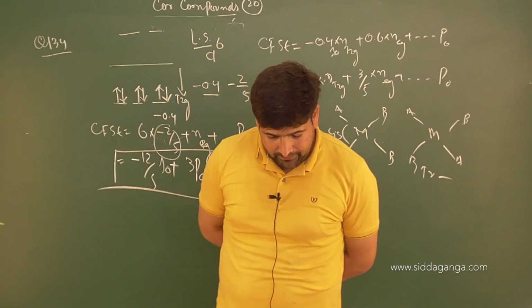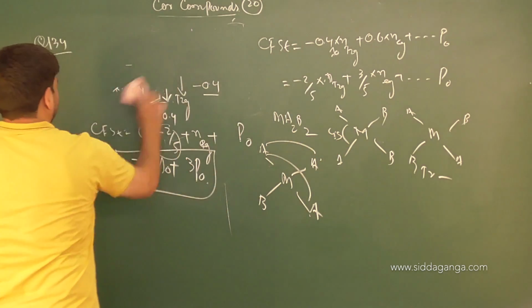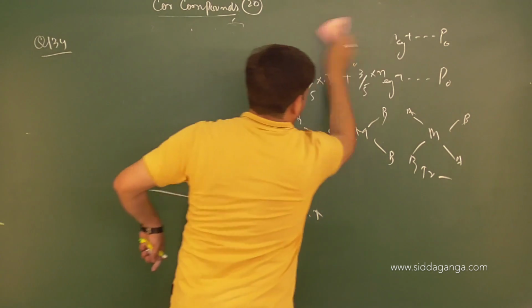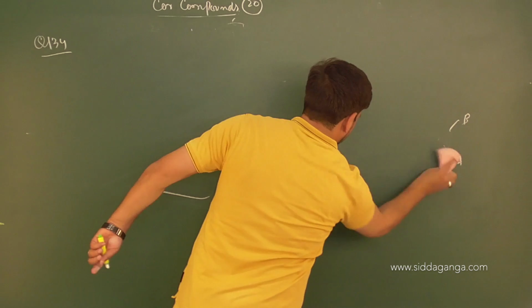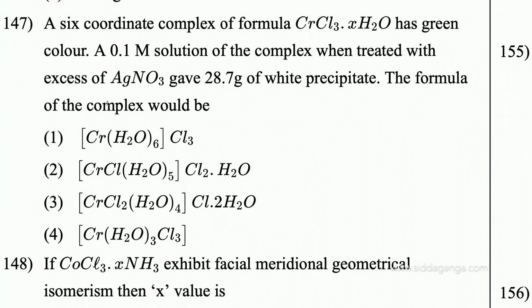Question number 147. One analytical question we will take. A 6-coordinate complex of formula CrCl3 into X times water has green color.